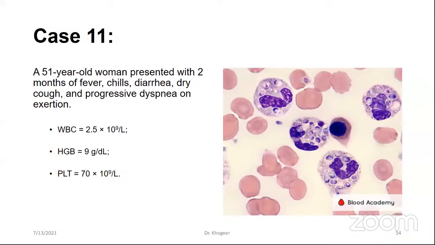It's not a true finding. But in general, toxic granulation you only see in a reactive process. As I said: infection, inflammatory process, drugs, or secondary to paraneoplastic conditions in some cancers.